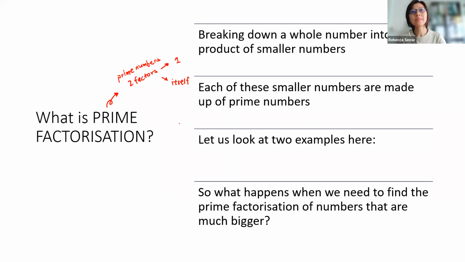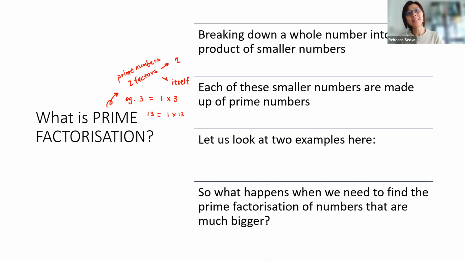So an example of a prime number would be the number 3, because 3 can be broken down into its factors 1 and 3. Another example of a prime number would be that of 13. 13 can be broken down into 1 and 13.